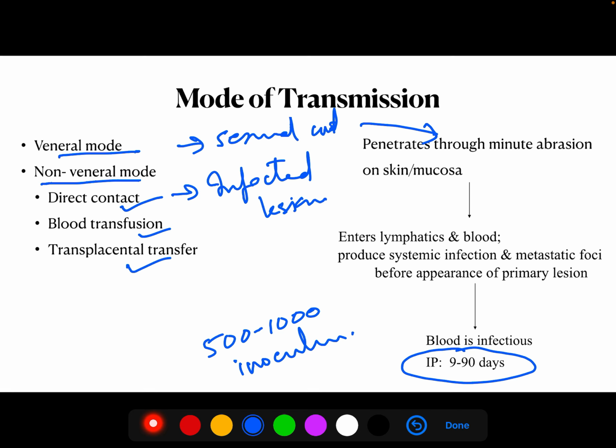Then it enters the blood and the lymphatics and produces systemic infection, and also develops metastatic foci. It also produces the primary lesion, which is known as the chancre. And during this time, the blood is infectious in nature.